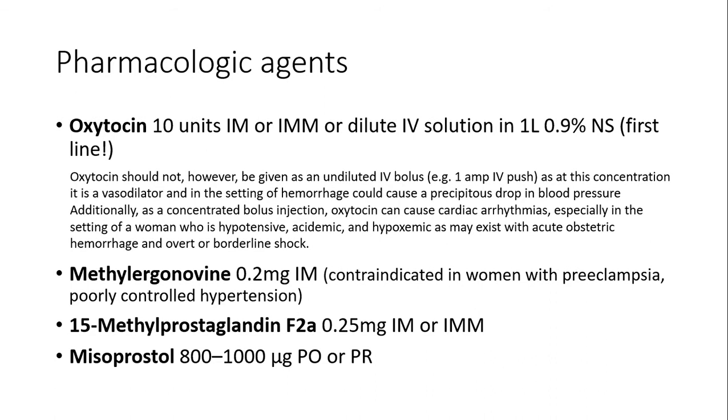Prostaglandin F2 alpha may be given at a dosage of 0.25 milligram intramuscularly or intramyometrially. The next agent is misoprostol, which is prescribed orally or rectally, 800 micrograms or even 1000 micrograms.